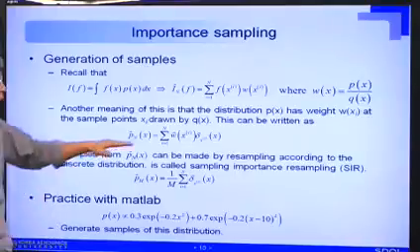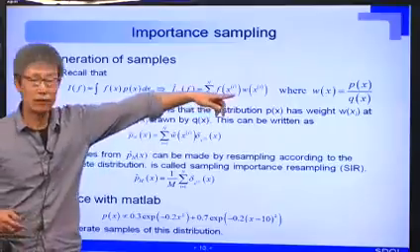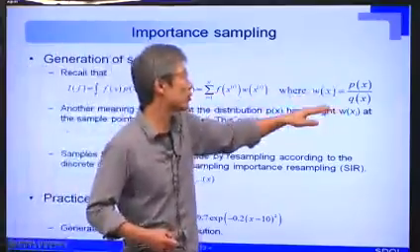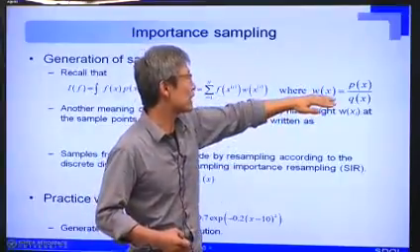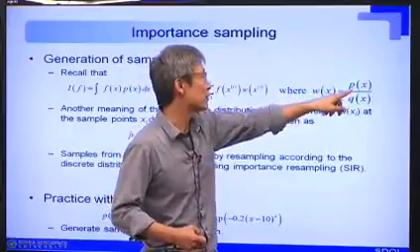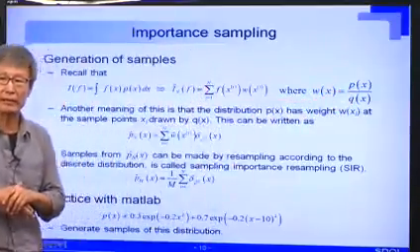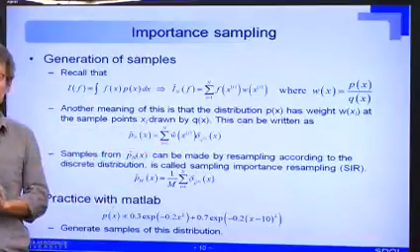So in this case, we have the weighted samples for PX, and the weights are defined that way. We can calculate them because we put some value x, we get the values of p, values of q, and get the values of weights. And once we have that value, we say we have the weighted samples.